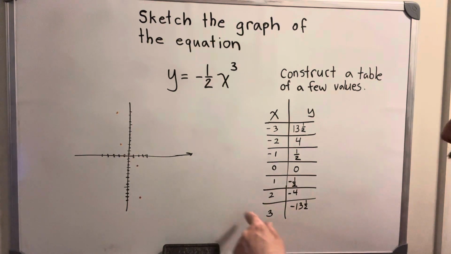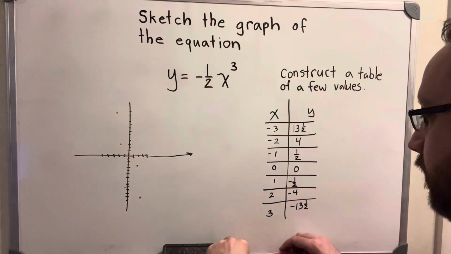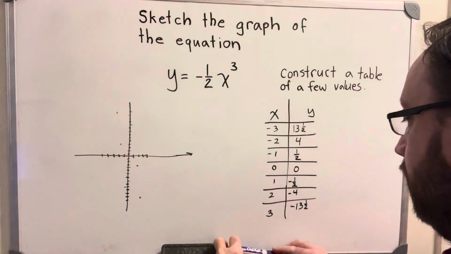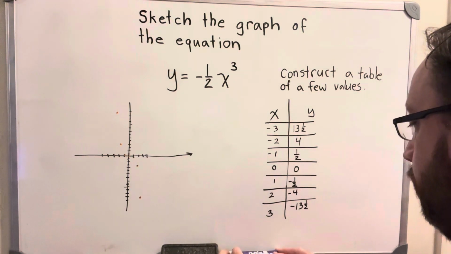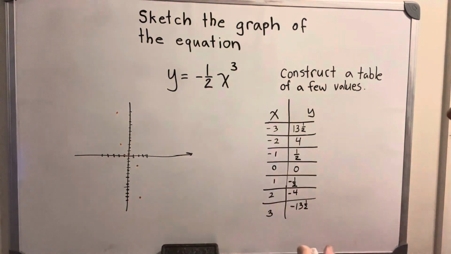So now that I've plotted these points, the question is, how do we fill in the rest? And one thing I will tell you is that when a problem is linear, when the exponent on x is just 1, then you will have the equation with a straight line.